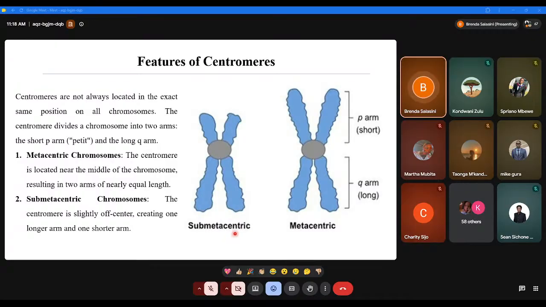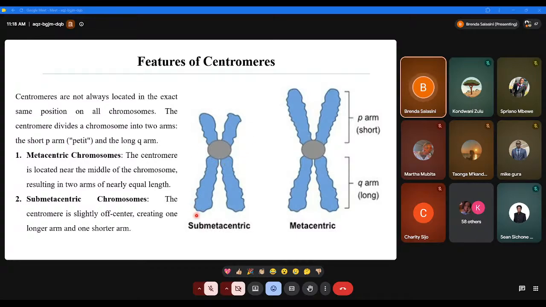In subcentric, the centromere is slightly off the center, creating a longer arm and a shorter arm. In subcentric, you are referring to the position of the centromere in regards to the P arm and the Q arm. You can see that in subcentric, it is somewhere off the center of the chromosome.